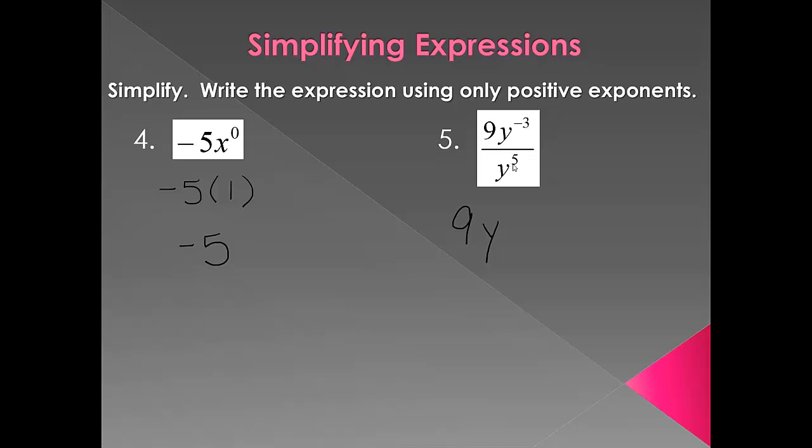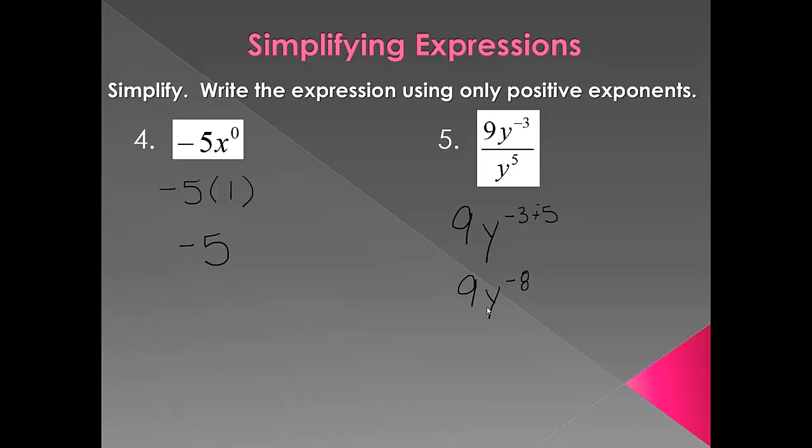I will then subtract my exponents, so negative 3 minus 5. Now I need to simplify negative 3 minus 5, and that would then be plus a negative. So I have negative 3 plus negative 5. So that gives me 9y to the negative 8th power.